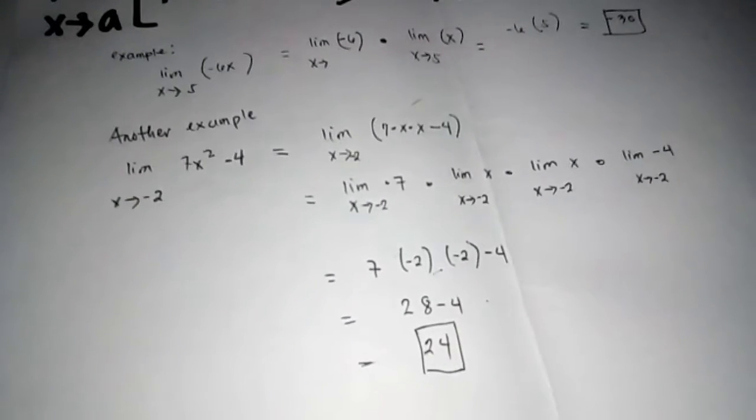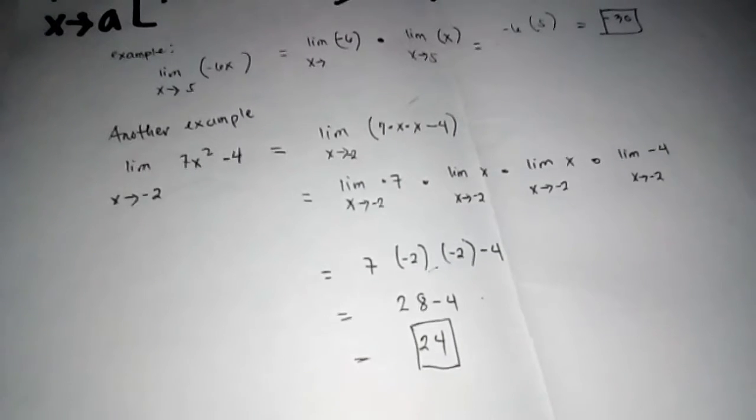So, therefore, the limit of a product is equal to the product of the limits. The last property we're going to take is all about the limit of a quotient. The limit of a quotient is equal to the quotient of the limits, provided that the limit of the denominator is not equal to 0.